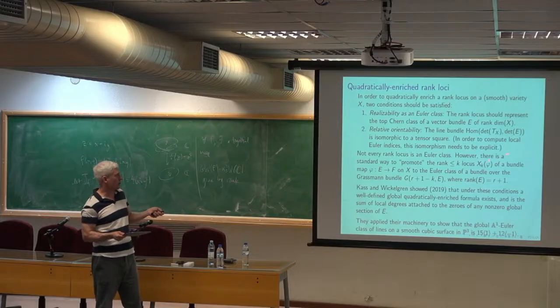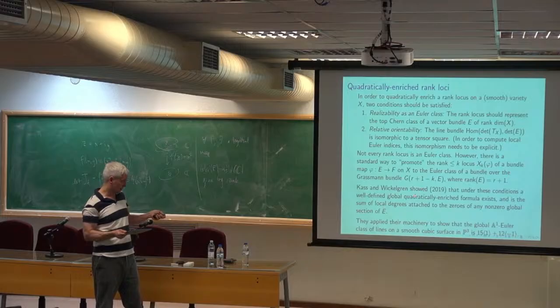But there's a standard way to promote your favorite rank locus that isn't necessarily an Euler class to an Euler class, at the price of having to pass to a Grassmann bundle. So perhaps at the end, if there's time, I'll say a little bit more about this in a specific case. But that's to say that in the best possible situation, this first condition would be satisfied, but if it isn't, there's a way to fix that.